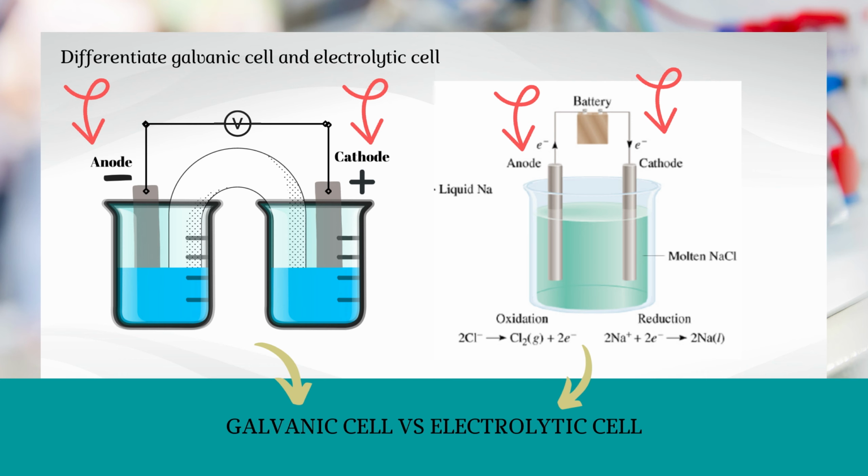Both galvanic and electrolytic cells consist of two electrodes, an anode and a cathode, which can be made of the same or different metal, and an electrolyte in which the electrodes are immersed.